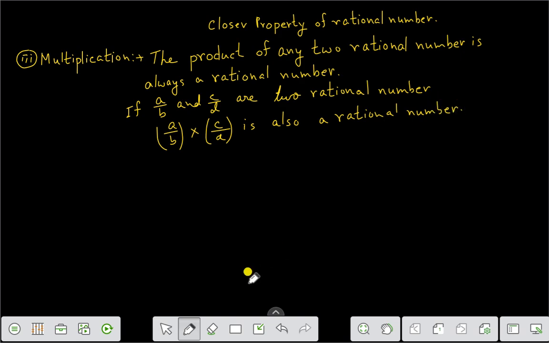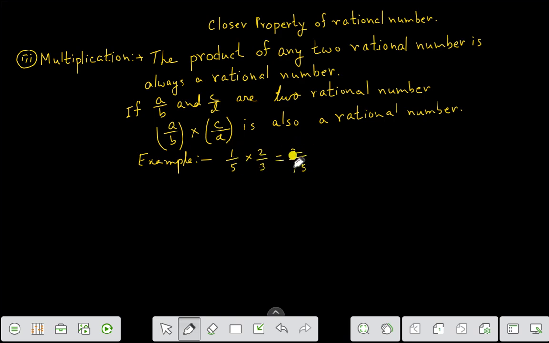Let us take one example. Suppose I take 1 by 5 into 2 by 3. If we multiply this, 2 ones are 2, 3 fives are 15, that is 2 by 15.